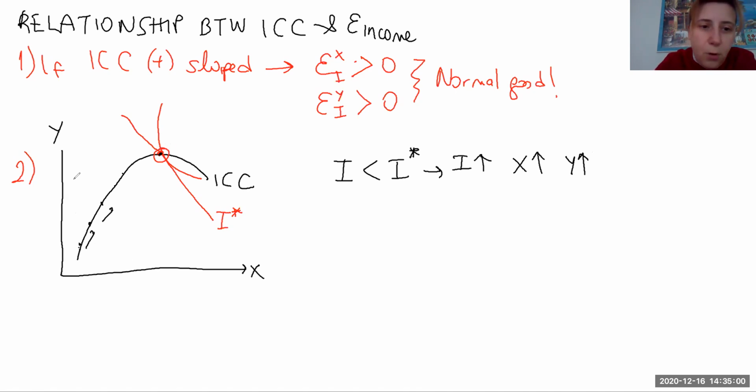So this consumer thinks that until this I star income level, both X and Y are normal goods.